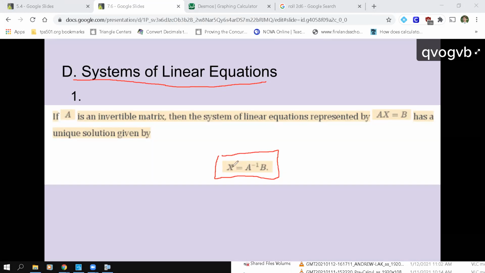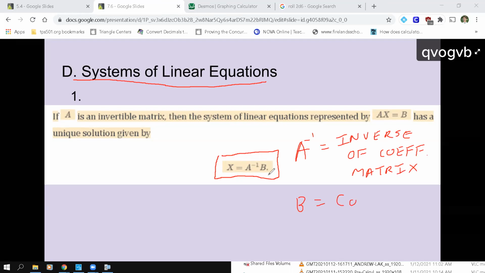Your solution X is going to be the inverse of A times B, where A inverse is the inverse of your coefficient matrix, and B is a column of your constant matrix.